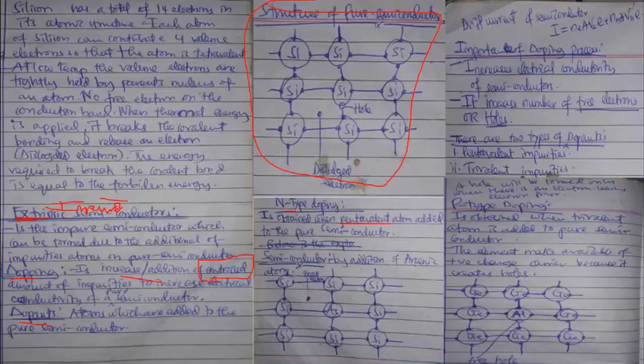Since your semiconductors are of group 4, having a valence of 4 electrons, when you do N-type doping you must add an atom with more electrons than the semiconductor itself, so that the remaining electrons are in excess and are used in conduction. That is why when we do N-type doping we use pentavalent atoms.